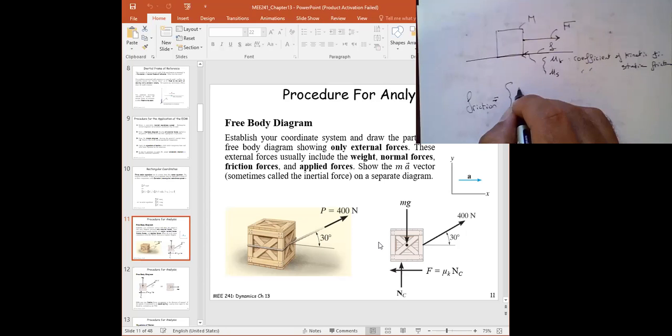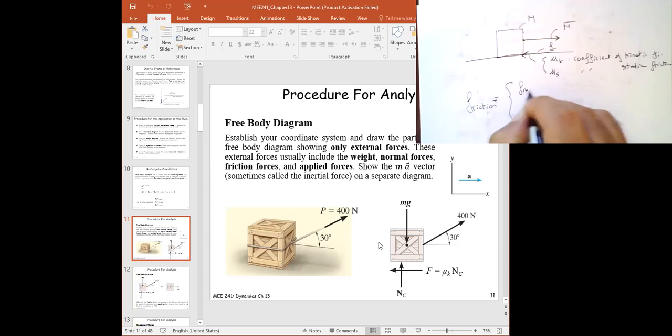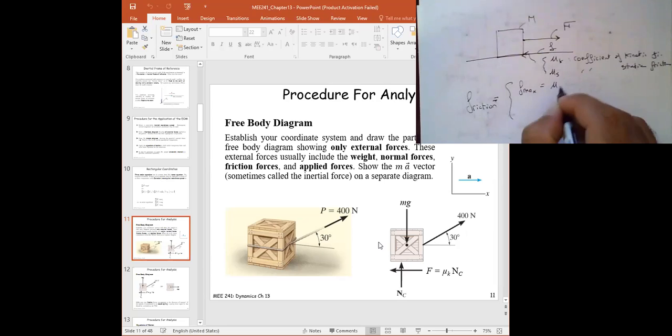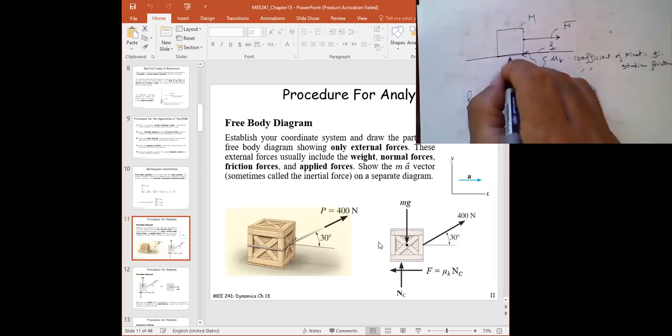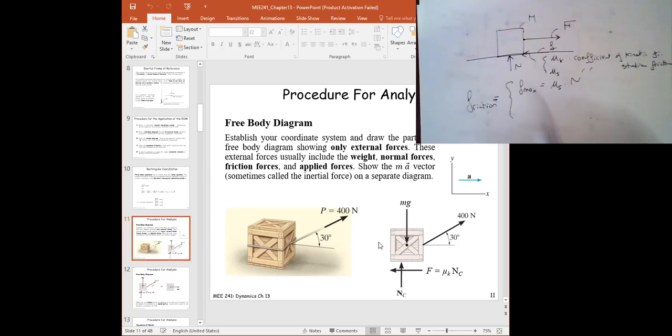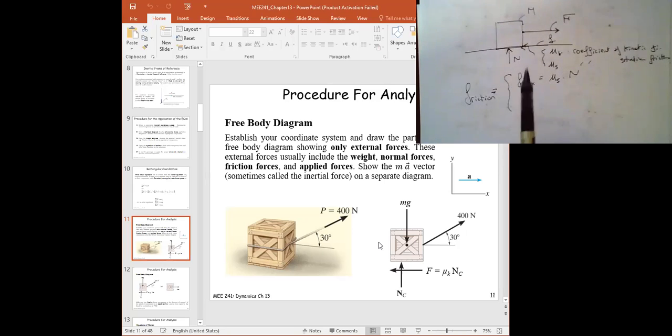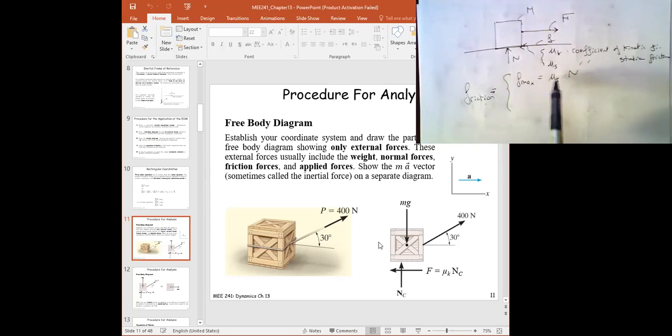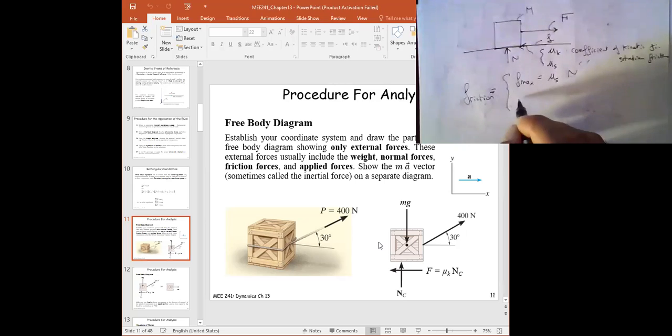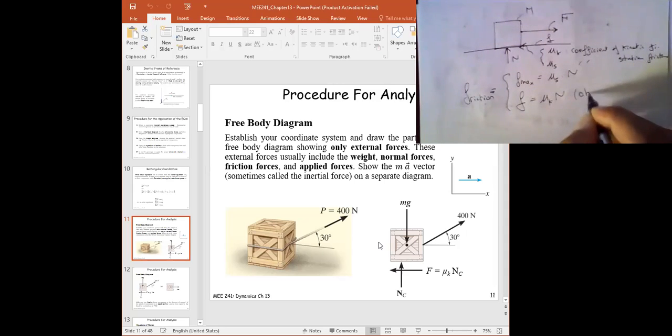The maximum value for friction is equal to mu s times n, where n is the normal force. And the value of the friction will be equal to mu k times n when the object is in motion.